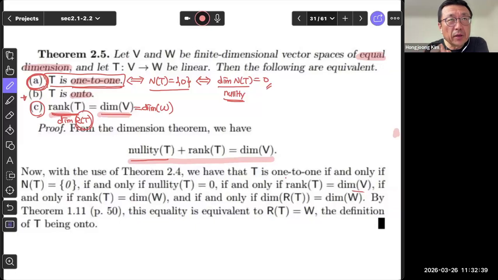So if your mapping is one-to-one, the dimension of the range and the dimension of W are equal, so that the range of T and W are equal. And vice versa. If the range of T and W are equal, their dimensions will be the same, so that rank, dimension of W, dimension of V, they all must be the same, so that the mapping must be one-to-one.